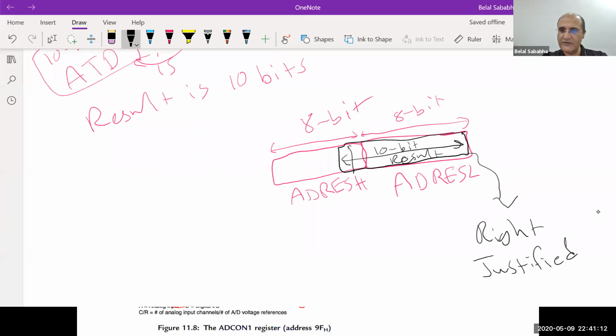If I pick left justified, the higher 8 bits will be in the high register and the 2 lower bits will be on the left, in the low register. In this case we call it left justified.